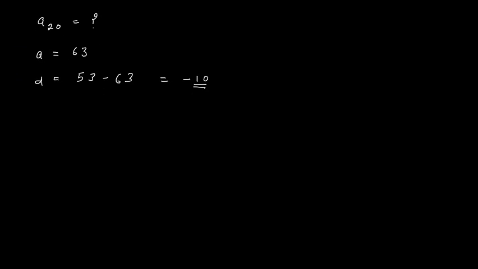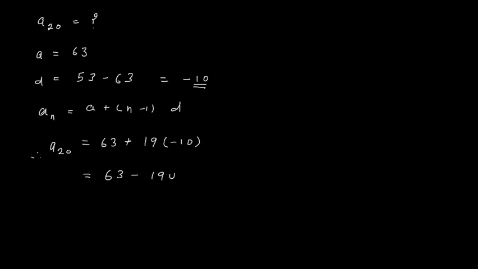So first write the formula for an. The formula is A plus (n minus 1)d. Therefore, using this formula you can write A20 will be A, that is 63, plus n is 20, 20 minus 1 is 19, and d is minus 10. So this is 63 minus 190.